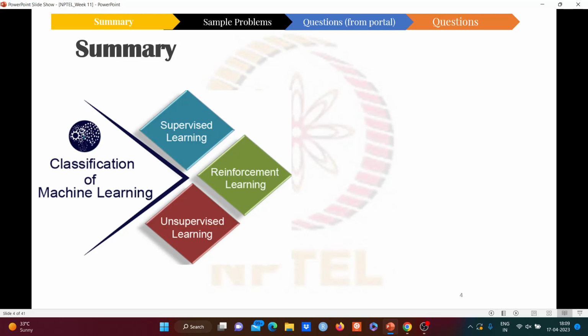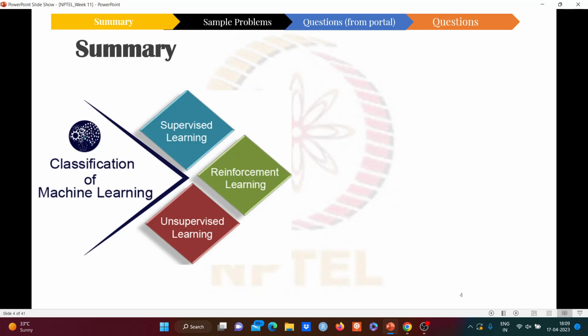Labeled data means that the data has a known output or target variable. The algorithms learn to predict the output for new input data based on the patterns learned during training. So in supervised learning, we give a set of features and the output variable, and then if you give a new set of features, it will predict the output variable.